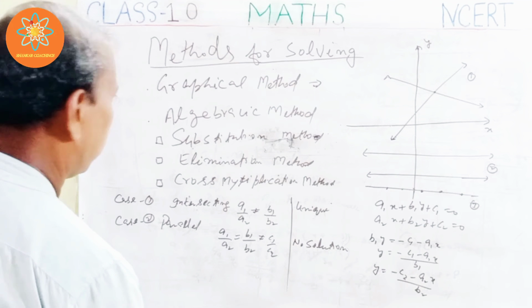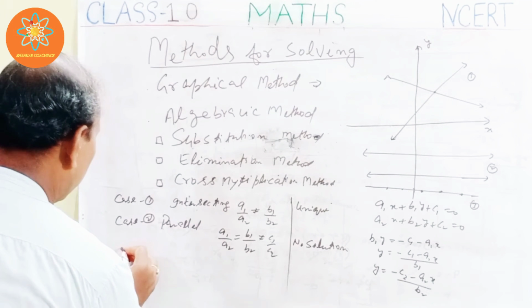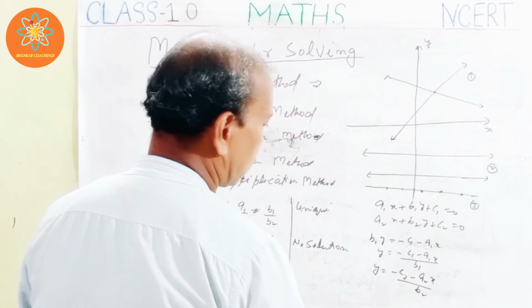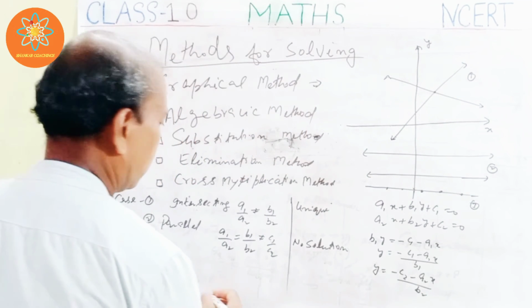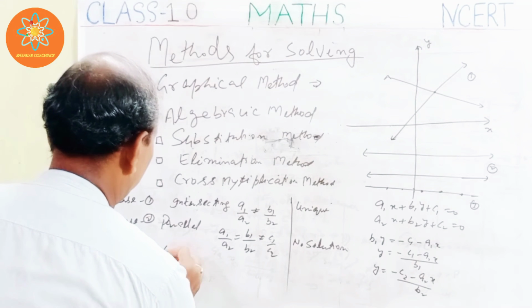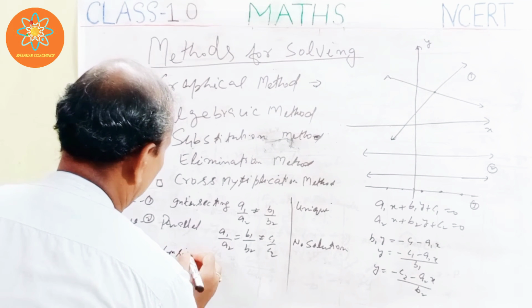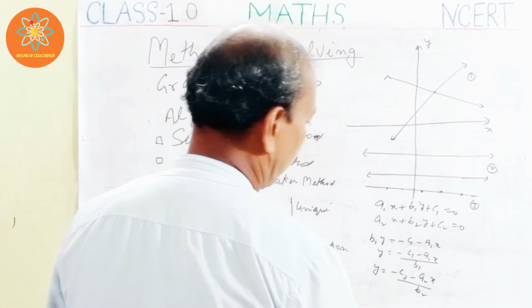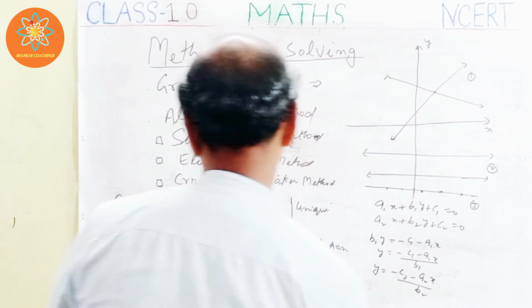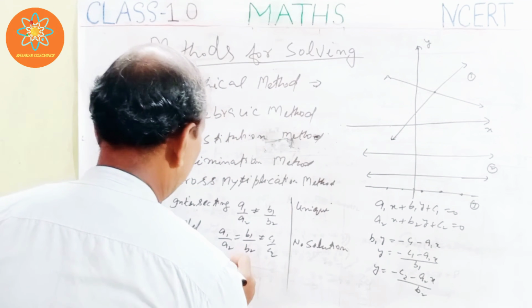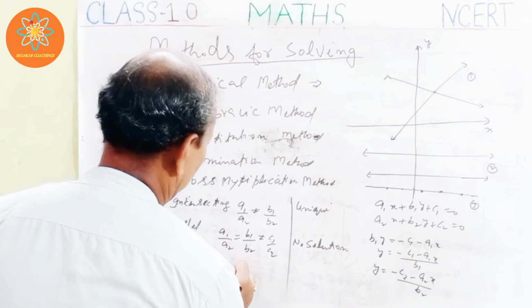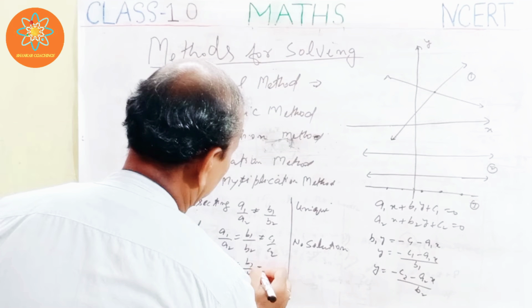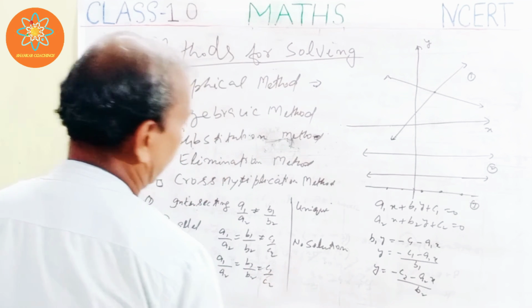Come to case third. Case third is the coincident line. The condition is A1 by A2 is equal to B1 by B2 is equal to C1 by C2.